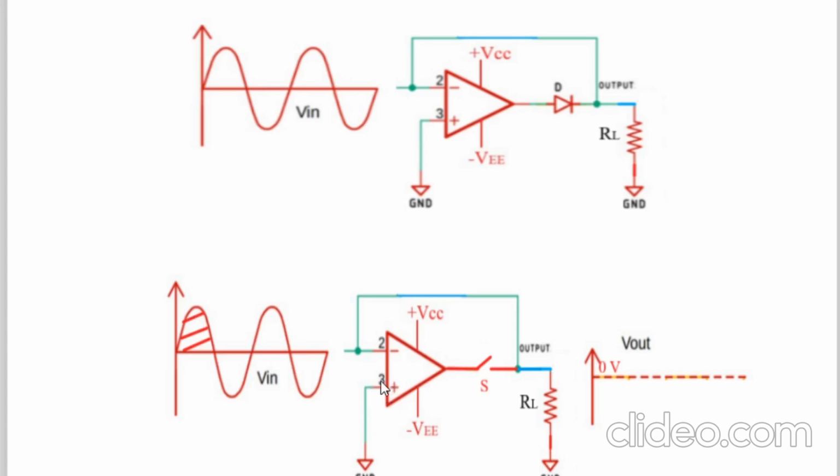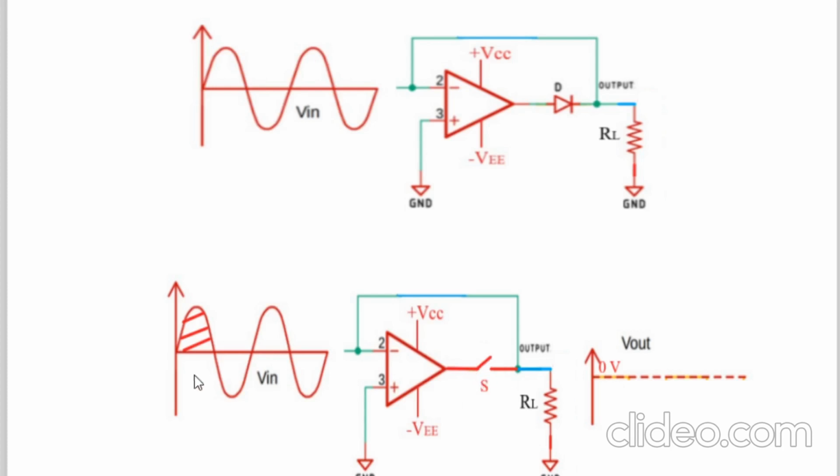Therefore, which voltage is greater? The voltage at the inverting pin is greater. It doesn't matter that it is greater by only 10 millivolt, it is greater than 0 volt. Therefore, the output of the op-amp will go to LVL, that is low voltage level. When the output of the op-amp goes to LVL, the anode of the diode is LVL, that is minus, and it behaves as an open switch.